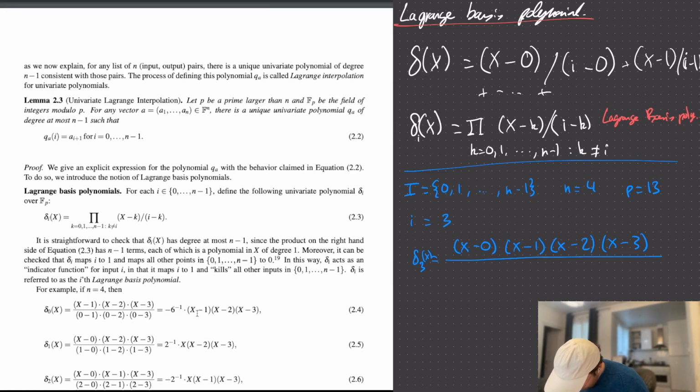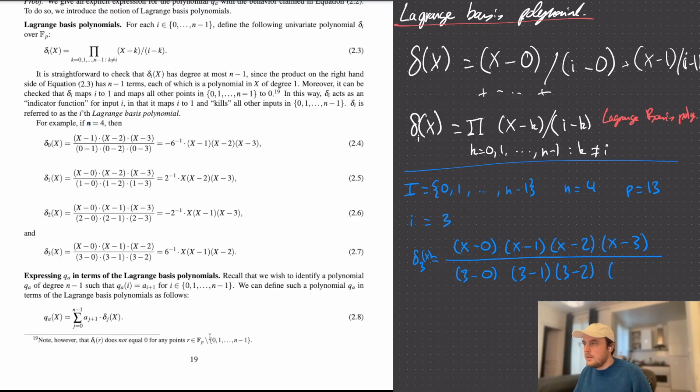Okay, so then it's 3 minus 0, 3 minus 1, 3 minus 2, 3 minus 3. Yeah, there is not 3 minus 3, but we just exactly take n equal 4 here.